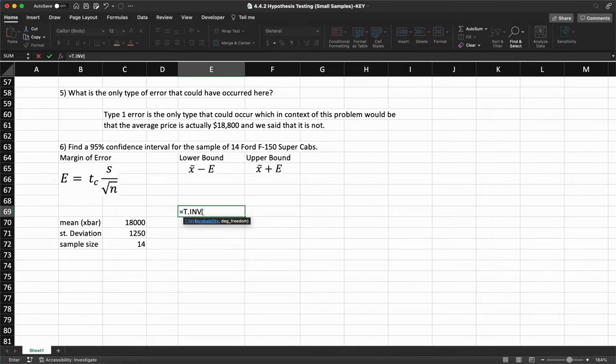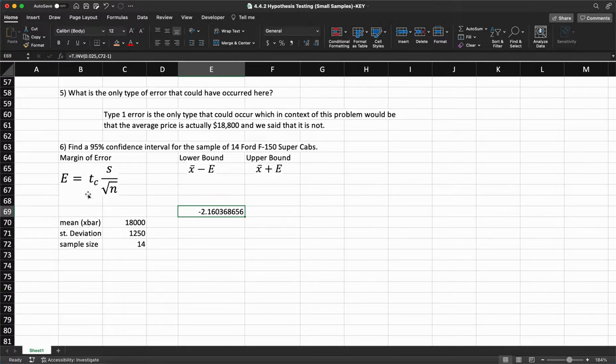If this is a 95% confidence interval, that means there's 5% on the lower and upper sides, so we have to split that 5% into the two parts. That means there's 0.025 on the bottom half. The other thing we need to know is the degrees of freedom, which is the sample size minus 1. If we do that, we get our t critical value, which is negative 2.16.